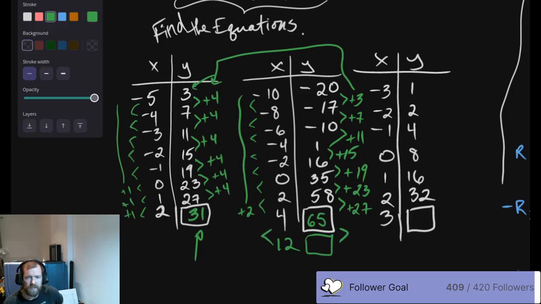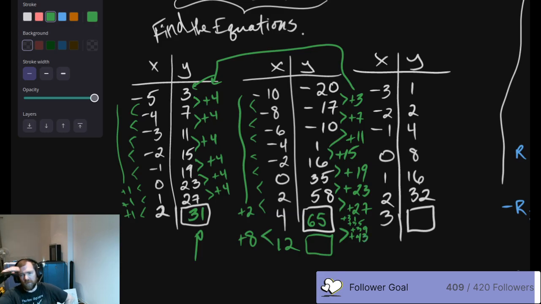And then here, this is plus 8, which meant that I went 2 and 2 and 2 and 2. So I should have done this addition 4 more times. So that would have been plus 31, plus 35, plus 39, plus 43.